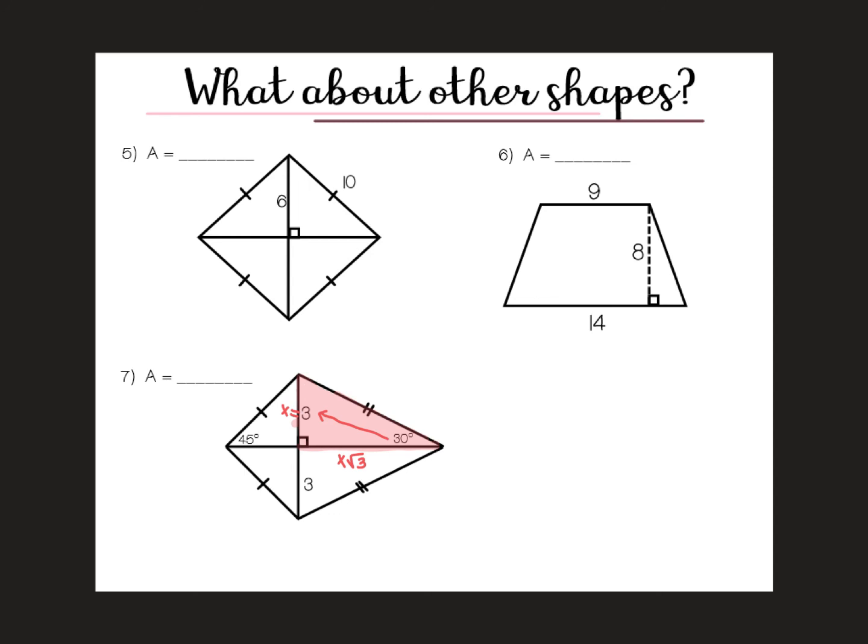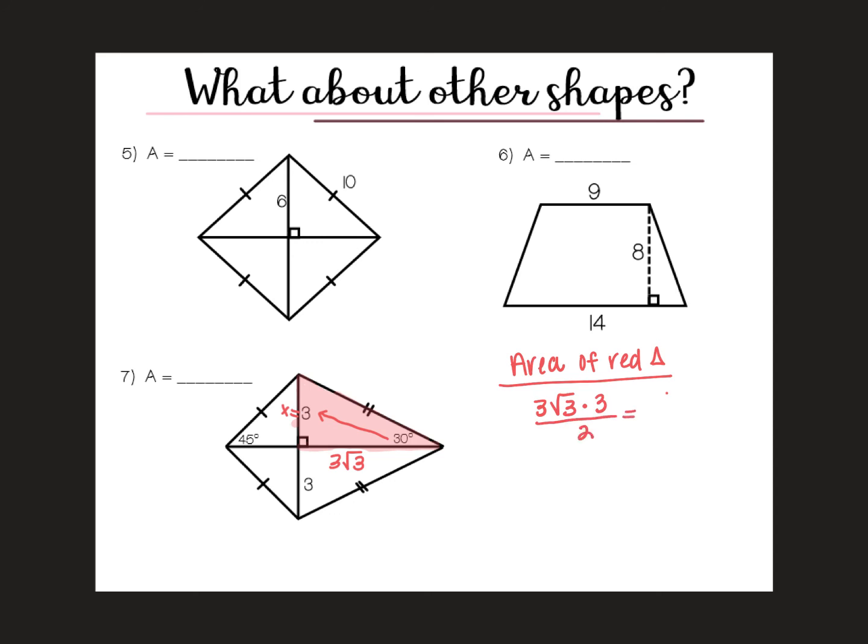If I plug 3 in for x, right here I'm going to get 3 square root of 3. So I'm going to erase that and label it as 3 square root of 3. So if I want to find the area of this red triangle, I'm going to do base times height. So 3 square root of 3 times 3 divided by 2.